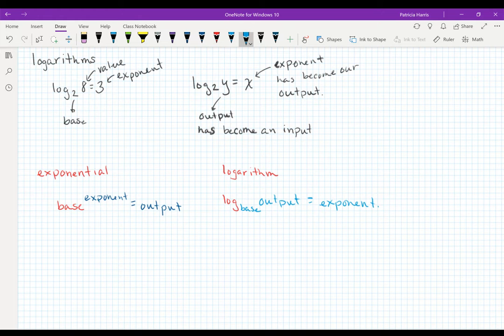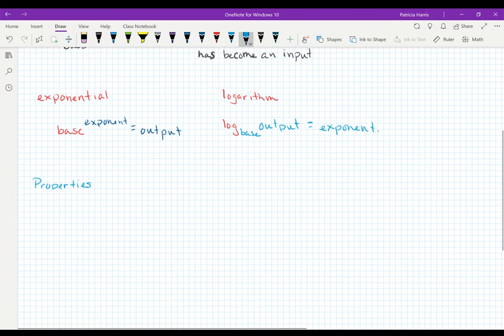Okay, now the properties of logarithms and exponents kind of mirror each other, so let's talk about those for a bit. Okay, first property that you should know is that a logarithm is the inverse of an exponential.